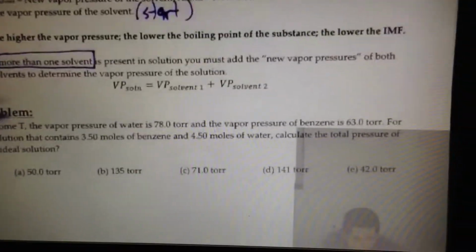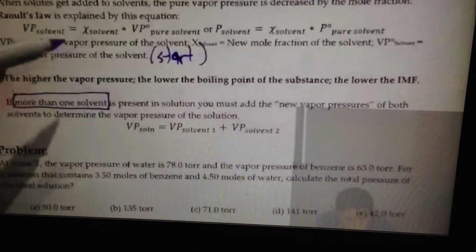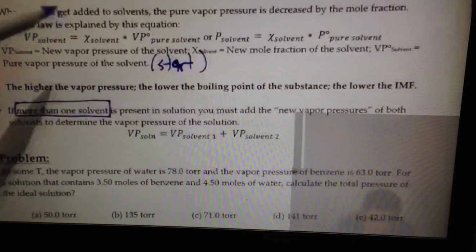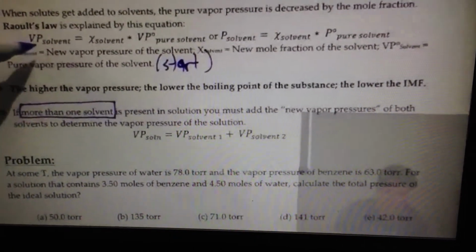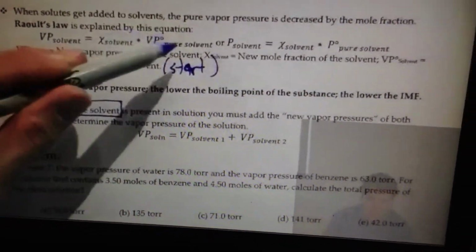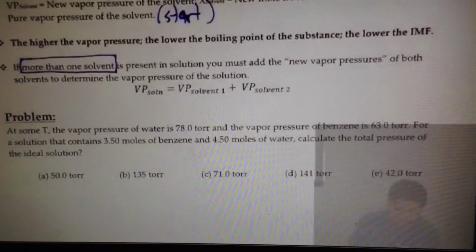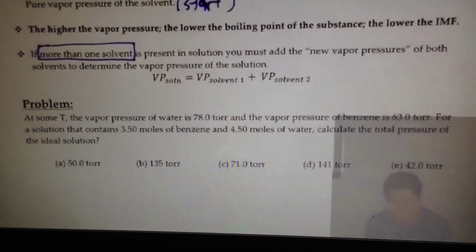Okay, so essentially here, when you read these questions, all you're doing is trying to apply Raoult's law, or Raoult, as they would say. Essentially, the vapor pressure of the solvent is equal to the mole fraction times the pure vapor pressure. When you read a question like this, it says at some temperature, the vapor pressure of water is 78 torr, and the vapor pressure of benzene is 63 torr.